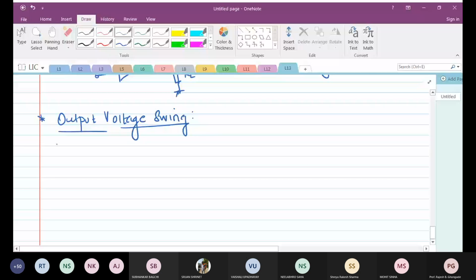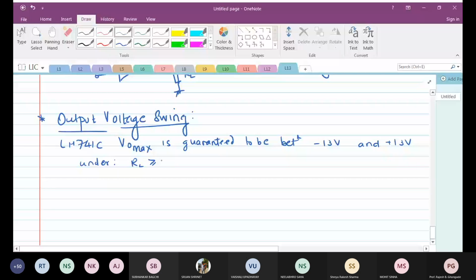Now for LM741, this output voltage swing, which is denoted as VO max, is guaranteed to be between minus 13 volts and plus 13 volts under the condition RL is greater than or equal to 2 kilo ohms.